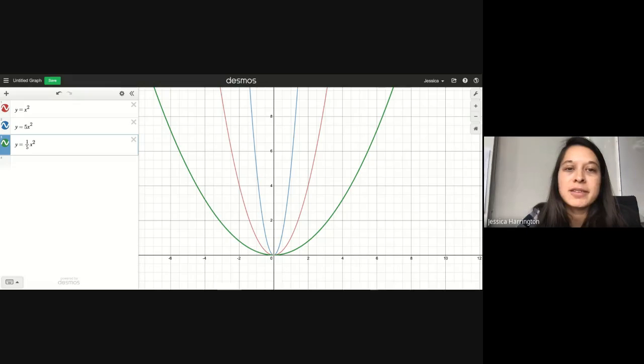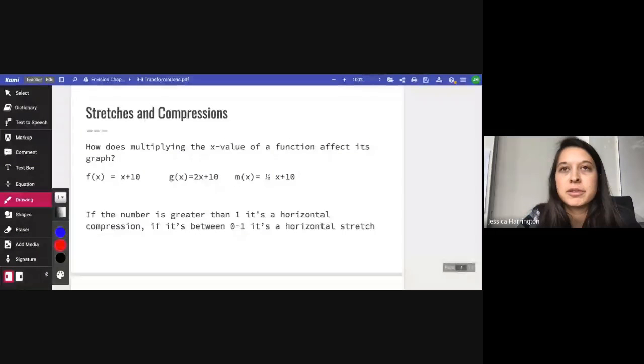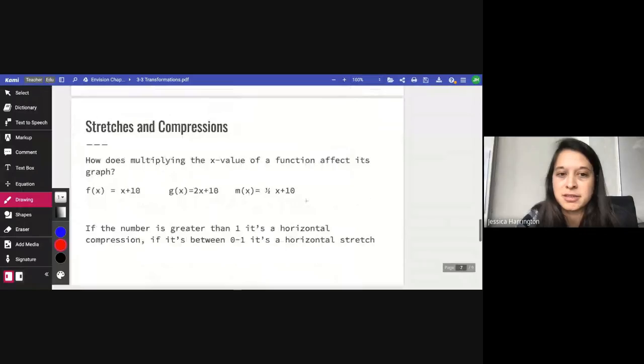So we're going to go back to this tab and talk about horizontal stretch or compression. Just like in a horizontal translation, if you added it just to the x, that's how you move it left and right. Well, the same thing is true with a horizontal stretch or compression. You have to take your multiplication factor k and it happens just to the x, right?